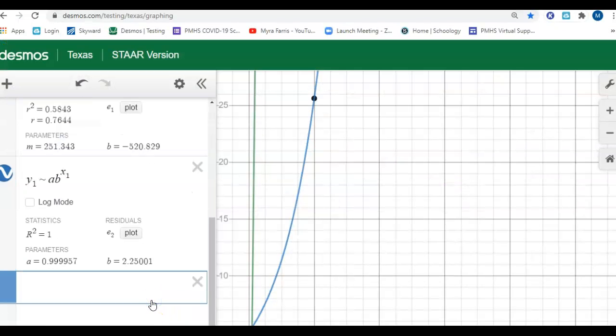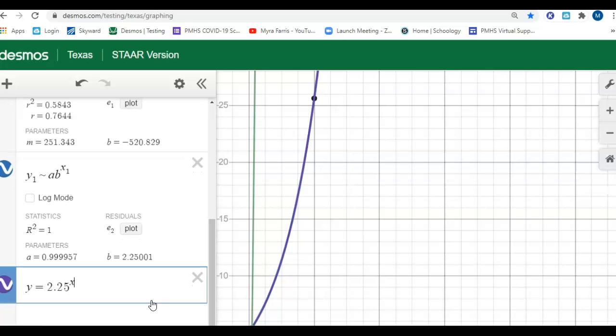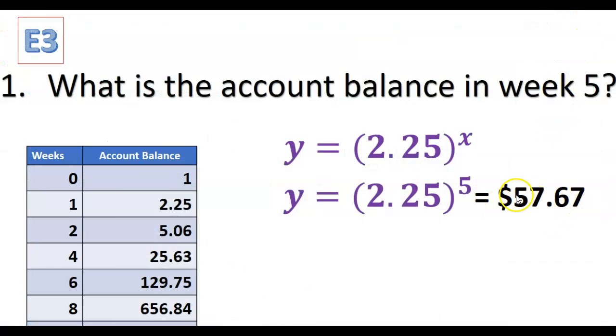So you type in the equation, and in place of the x, we put the number 5 because it asks what would be the account balance in 5 weeks. And right here it tells you what the answer is. Now this is money, so you would have to round it off to 2 decimal places because that's what you do with money.